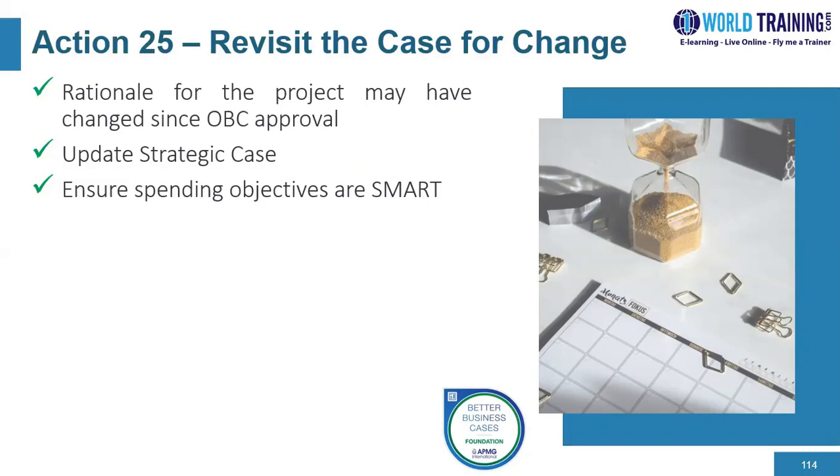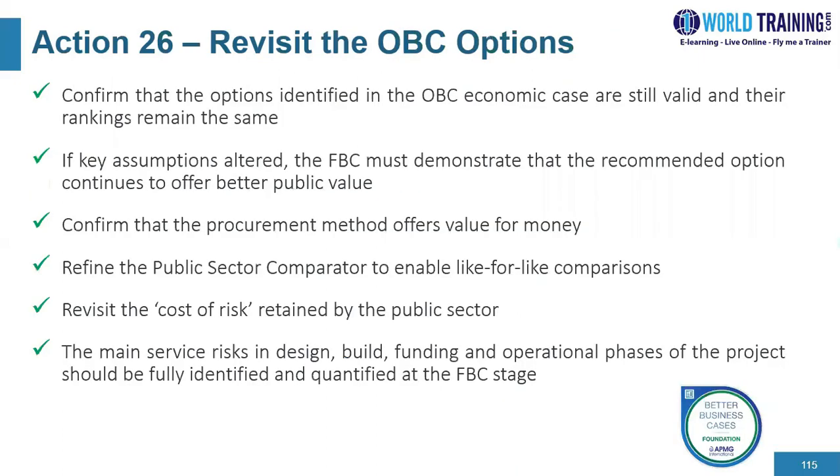Any additional business needs and requirements that have arisen since the submission and approval of the outline business case will require the case for change to be revisited and updated. And we ensure that spending objectives are SMART. This is part of action number 25.